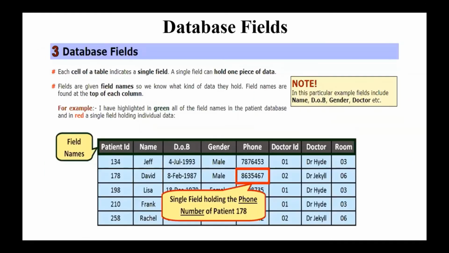Database fields: just see what the fields are: patient ID, name, date of birth, these are the fields. Now just keep in mind that whenever you are storing the data for your fields, every field has a data type. Now what is a data type? A data type is nothing but what type of data can be stored in that field.